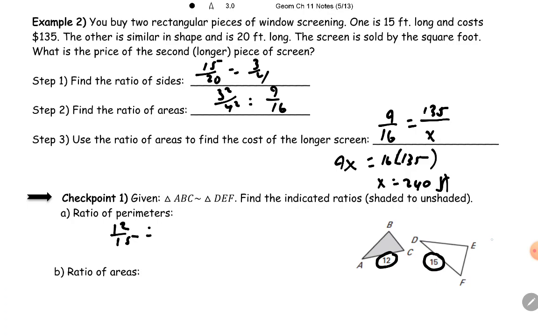This is the long side of this triangle, so you need to look for the long side of the other triangle, because they might give you extra numbers here to throw you off. So this is 4 over 5. That is my ratio of perimeters. Ratio of area is 4 squared over 5 squared, which is 16 over 25.